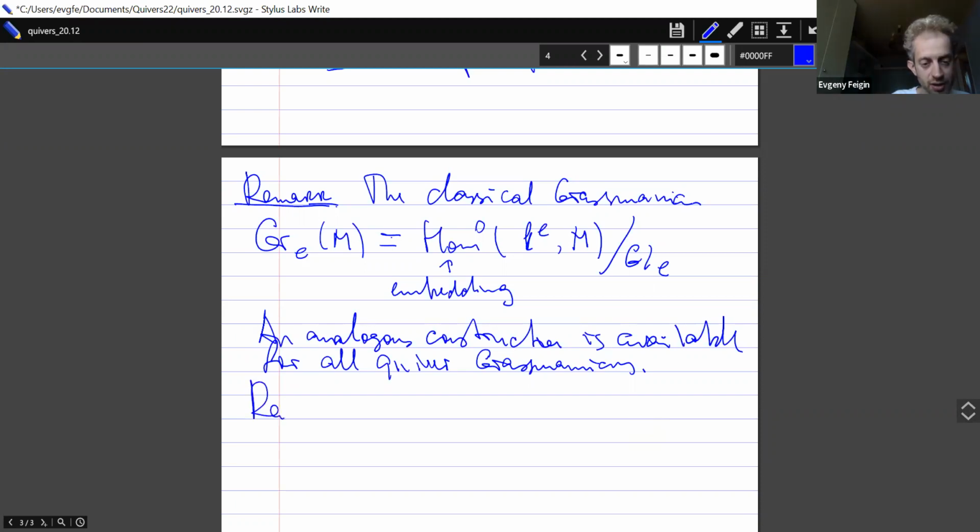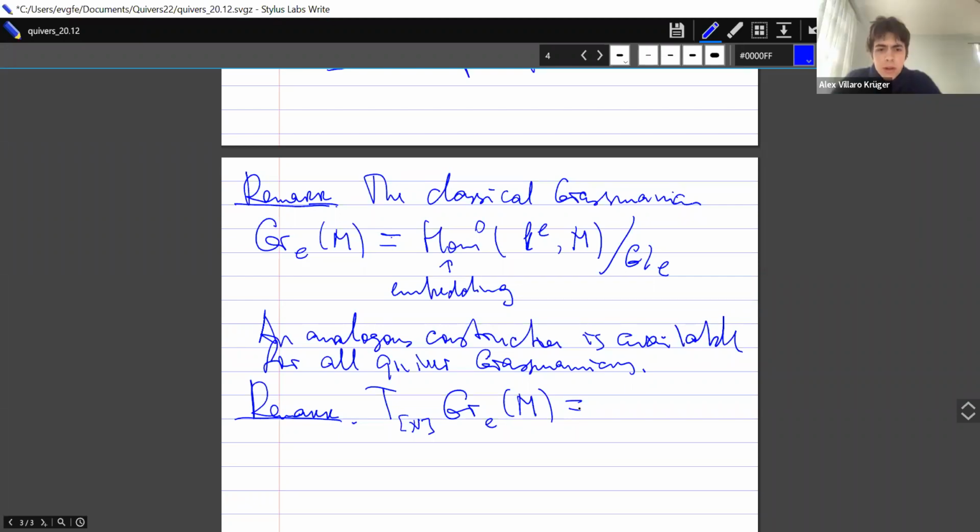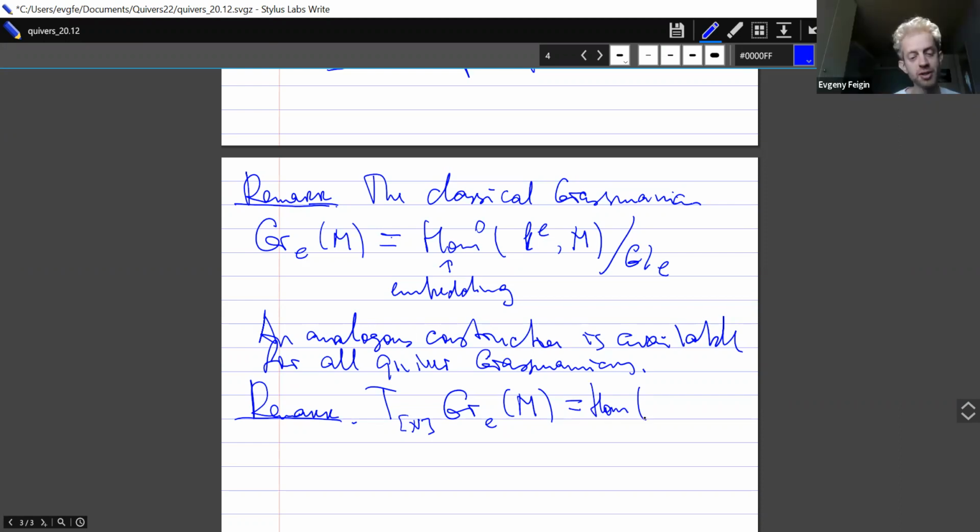And another remark is that suppose we consider this Grassmannian Gr_e(M), and we consider the tangent space at some point N of this Grassmannian. Do you remember how to describe this tangent space? It would be a quotient of M by N. Well, this is the cotangent space.